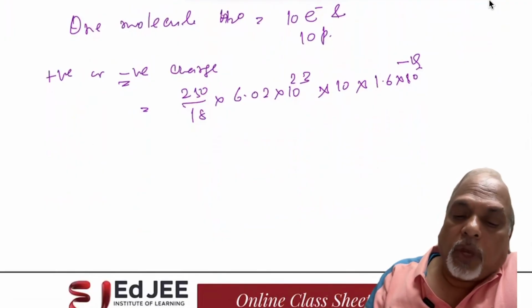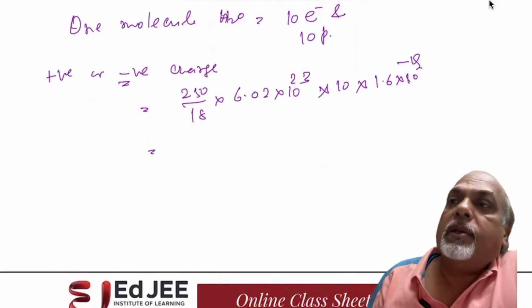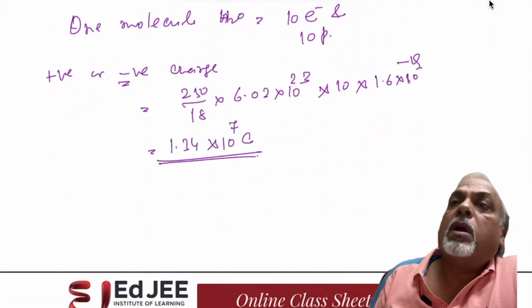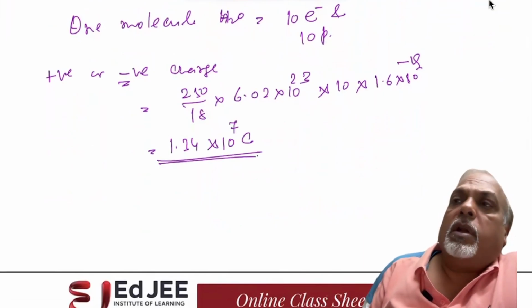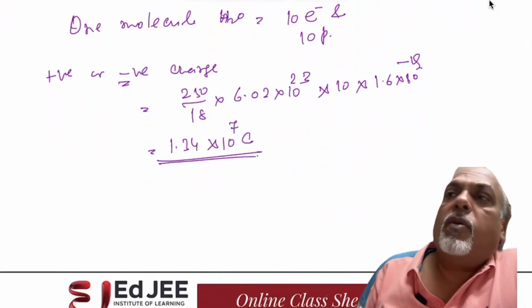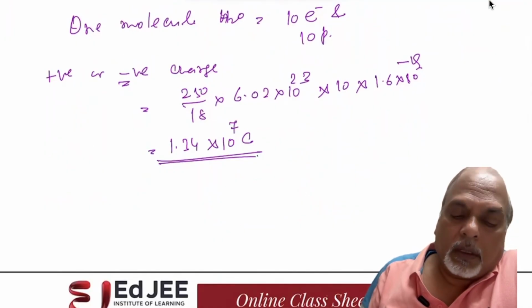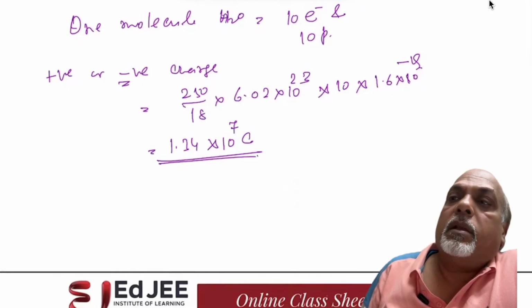Correct. If you calculate this, it will come as 1.34 into 10 raised to 7. So in a cup of water, we have assumed 250 gram of water, and that will contain this much amount of either positive charge or negative charge. Correct?